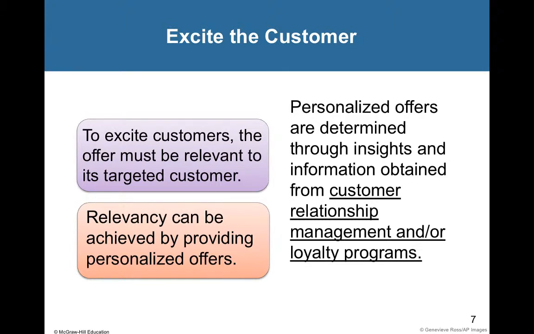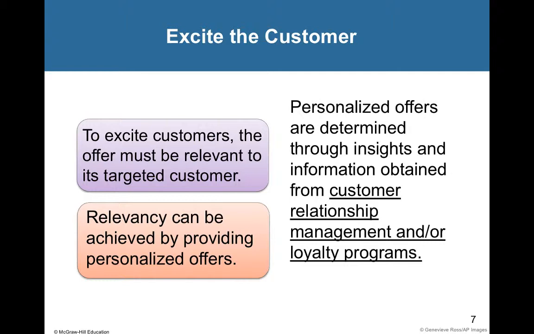One of the best ways to excite customers is to use those CRM systems, the customer relationship management systems, or loyalty programs. We've talked about those in past weeks. You can really combine some of those programs along with the social and mobile marketing to really excite your consumers.